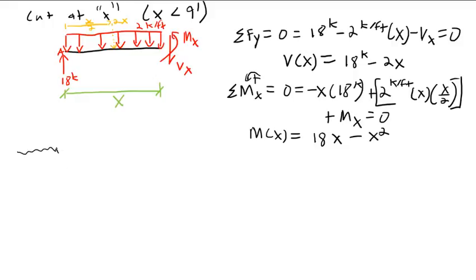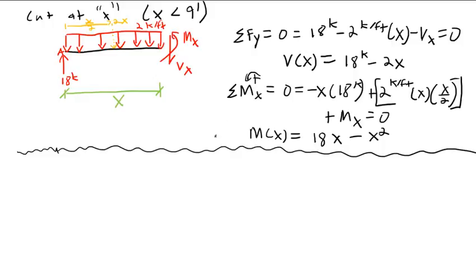Yes? So your second equation, finding the moment about x, x being any value we choose between 0 and 9. Yes, we're doing a sum of moments about x, where x is any arbitrary value between 0 and 9. But then why do we presume that the distance is x divided by 2? Because this is the equivalent load of however much load is to the left of where you've cut.